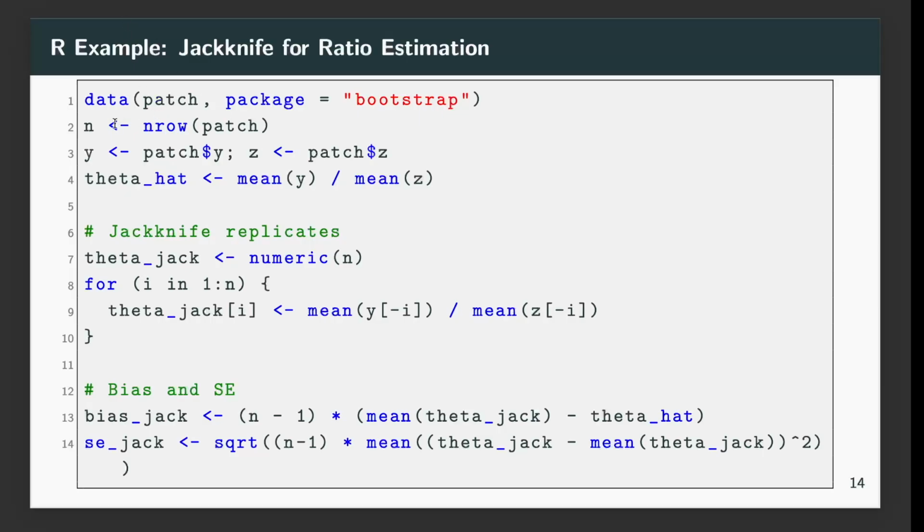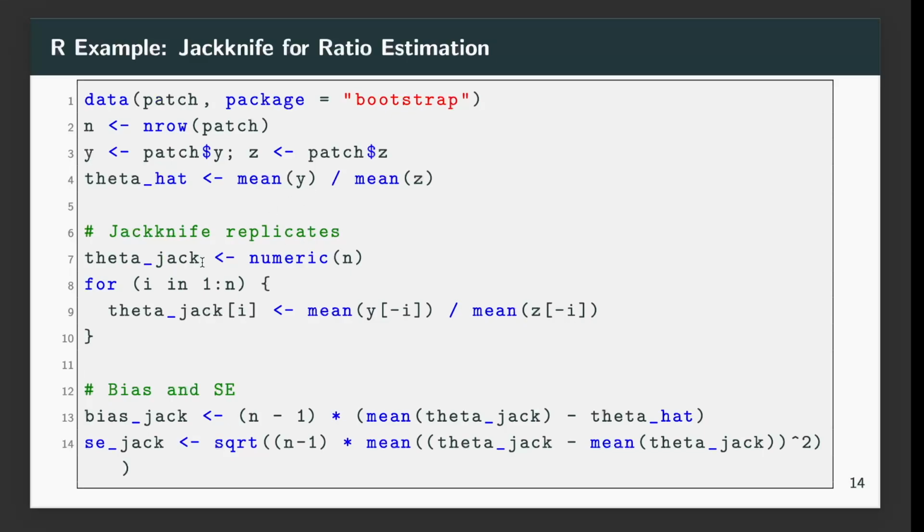First we define n to be the number of rows of the patch dataset, and then we extract y and z. After that, theta hat is given by the ratio statistic, which is the mean of y divided by the mean of z. Then we do the Jackknife replicates.